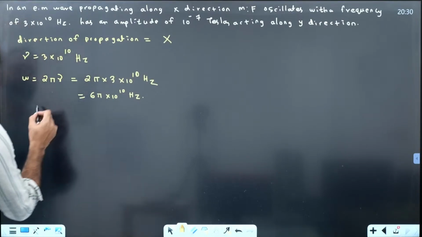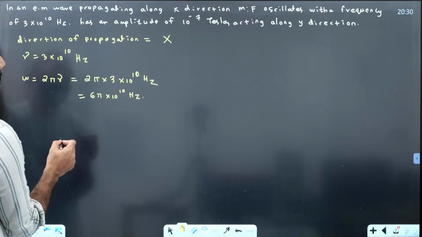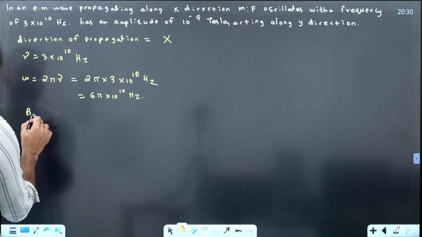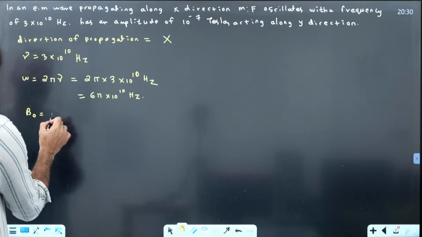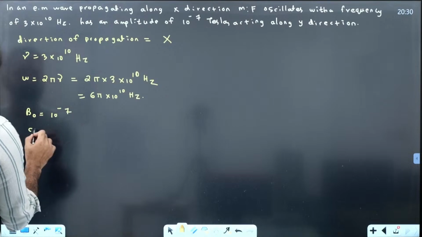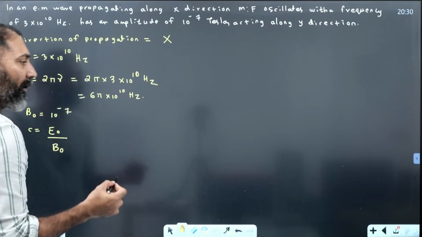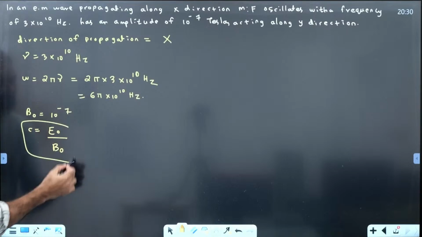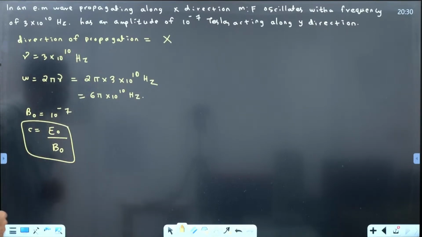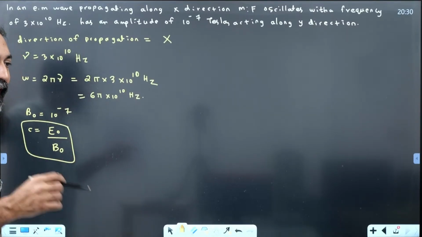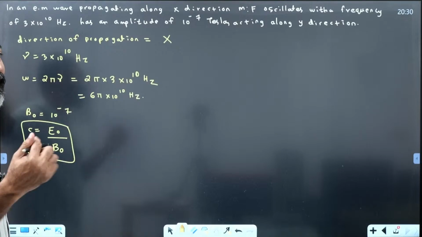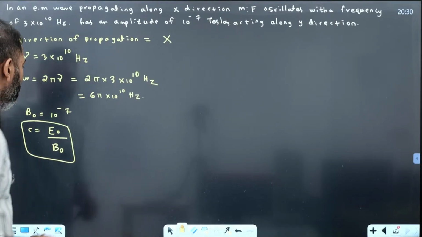Amplitude is given. What is amplitude of magnetic field? That is B0 equal to 10 raised to minus 7. So what is C? C equal to E0 by B0. Even though I know the formula, every time I write the formula and put it in a box. Why? Even though my answer is wrong, if my formula is correct, I will get half mark, 1 mark.